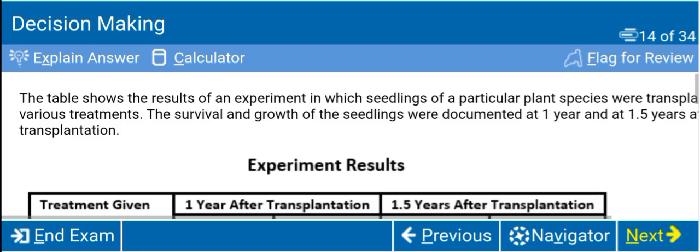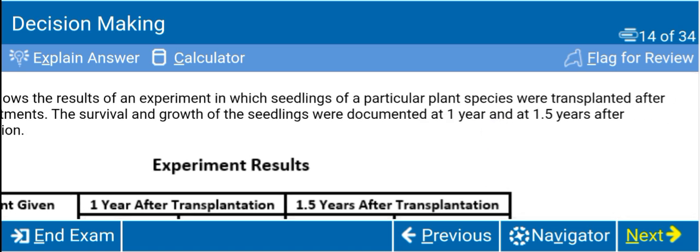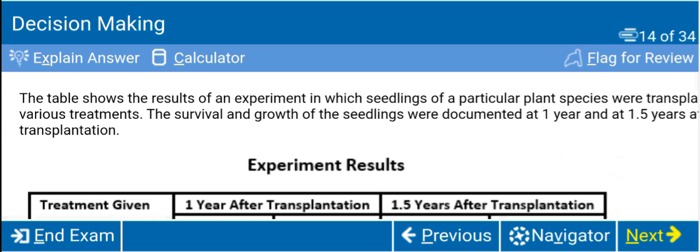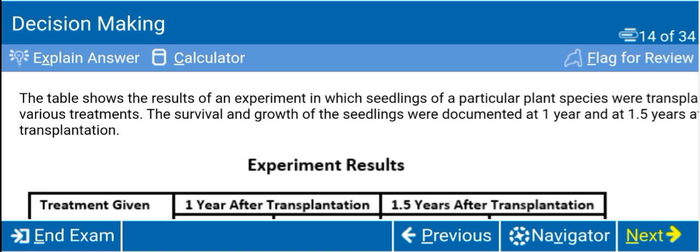So here we have a table that shows the results of an experiment in which seedlings of a particular plant species were transplanted after various treatments. The survival and growth of the seedlings were documented at 1 year and at 1.5 years after transplantation.